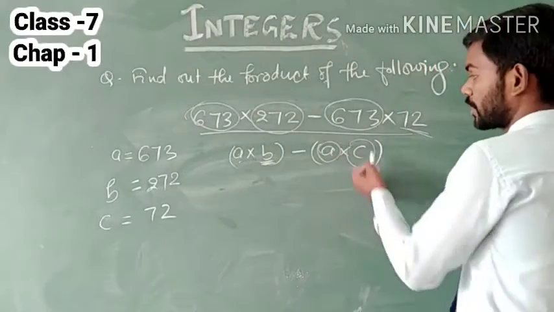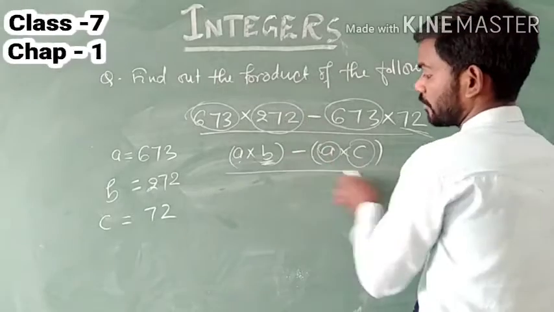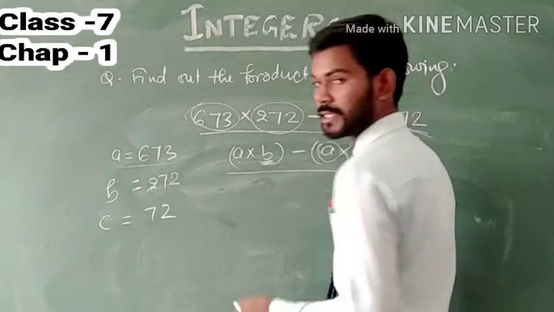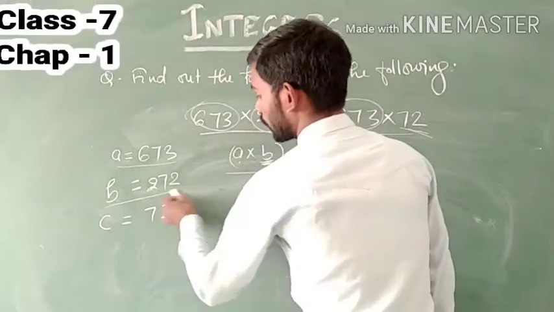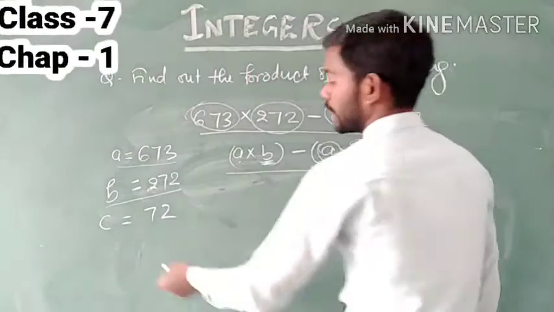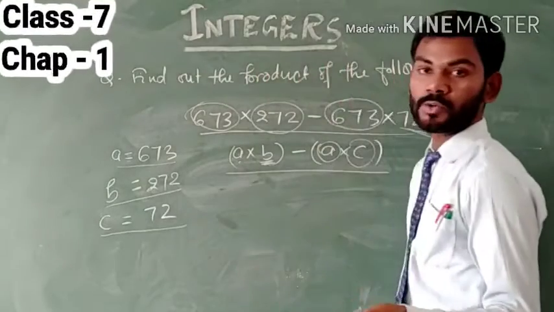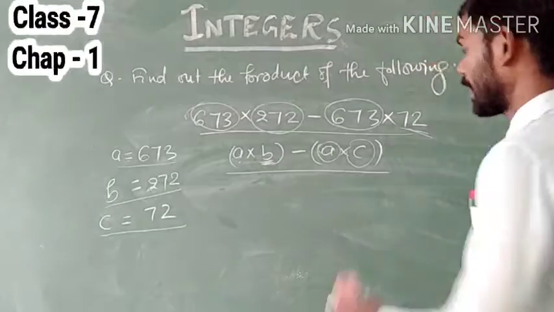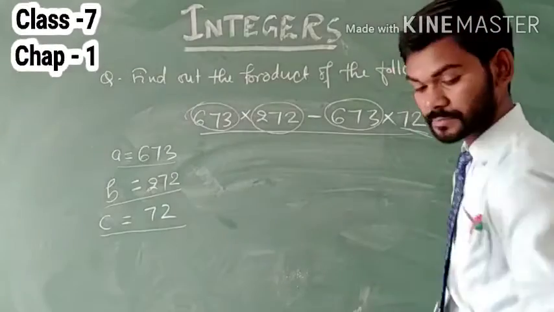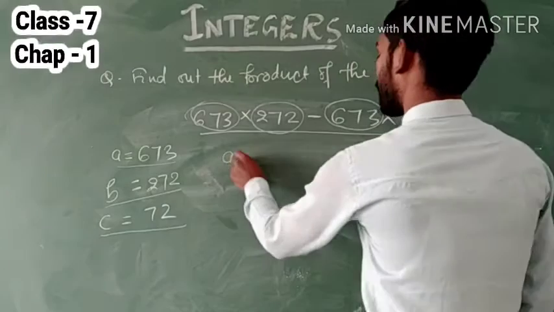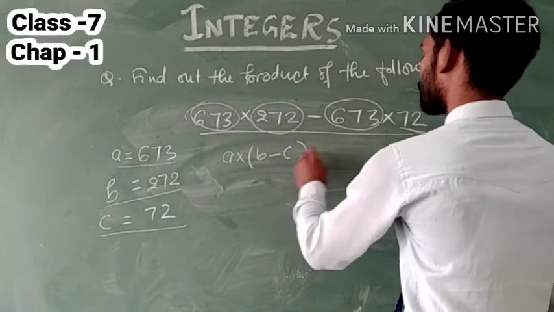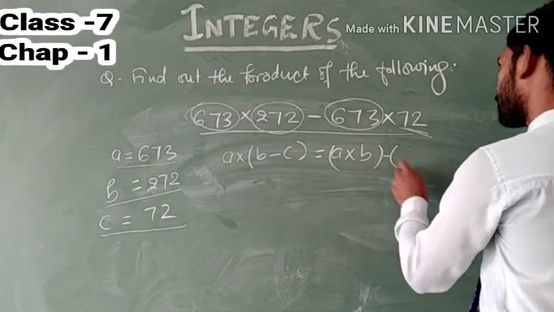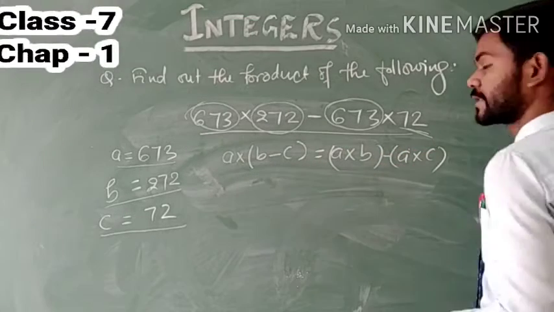So when we compare the given question with this expression, we get a is equal to 673, b is equal to 272 and c is equal to 72 only. Now as I told you, a multiplied by (b minus c) is equal to a multiplied by b minus a multiplied by c.